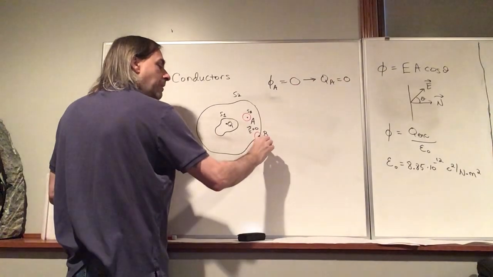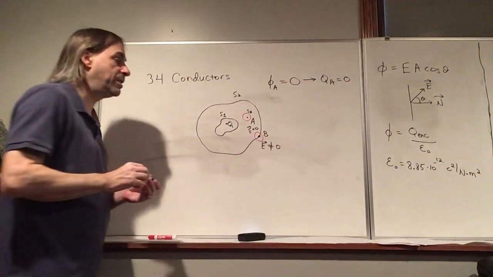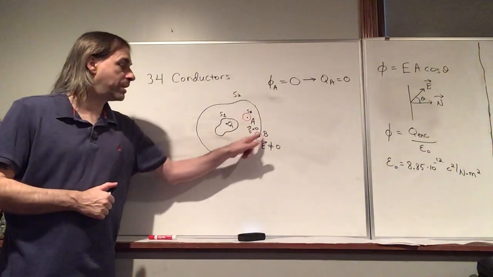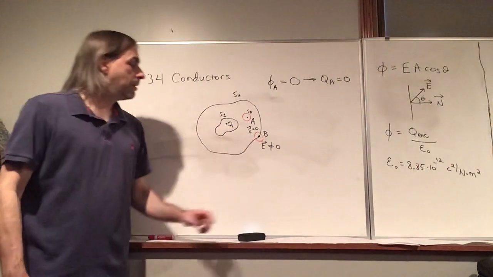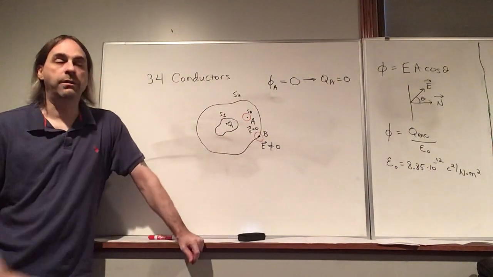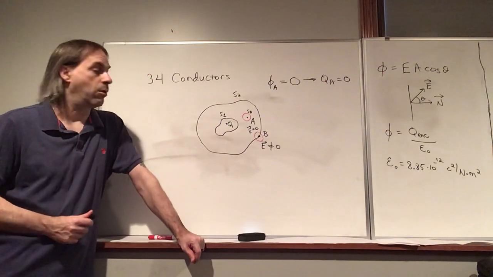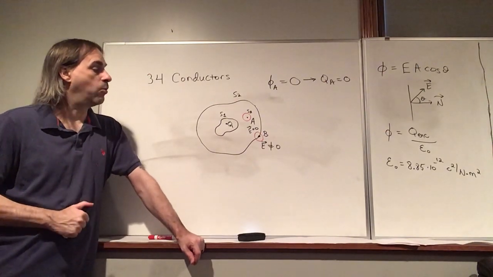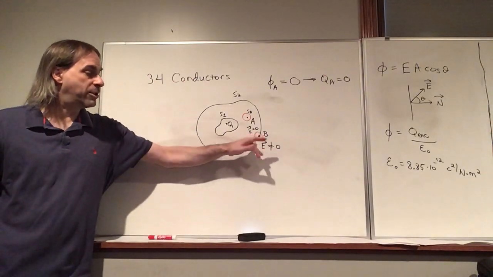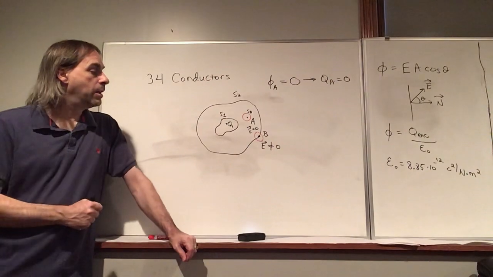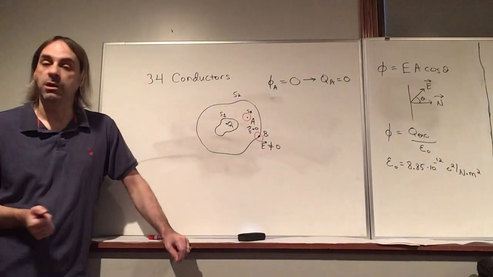But the electric field outside does not have to be 0, so we can have a flux through this surface here. So Gauss's law does not imply that the charge at some point on the surface has to be 0. Because we have to enclose the point, there's definitely going to be some of the surface outside of the conductor where we can have an electric field, so there can be a flux through this surface.